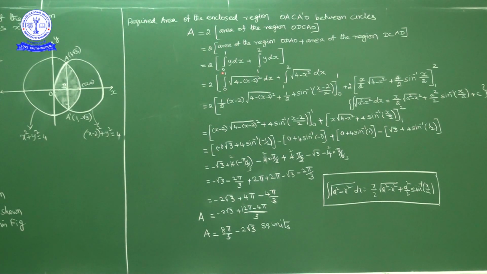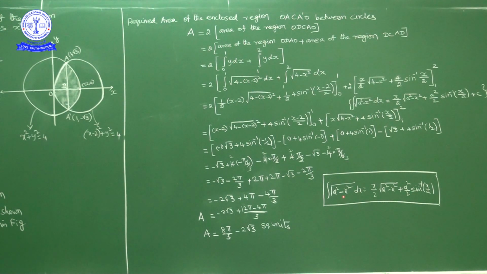Integral 0 to 1 square root of 4 minus (x minus 2) whole square dx. In place of a we have 2, and in place of x we have x minus 2.